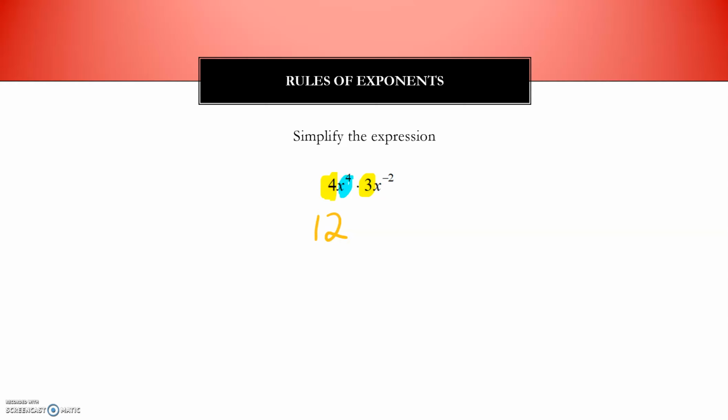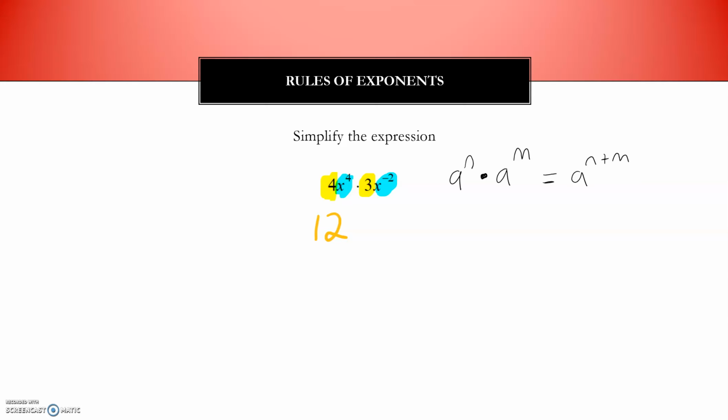For the variables with exponents, what you want to do is you want to follow this rule. And I'm going to write it a little bit reversed of how I did before. Base a to the power n times base a also to the power m is equal to base a to n plus m.